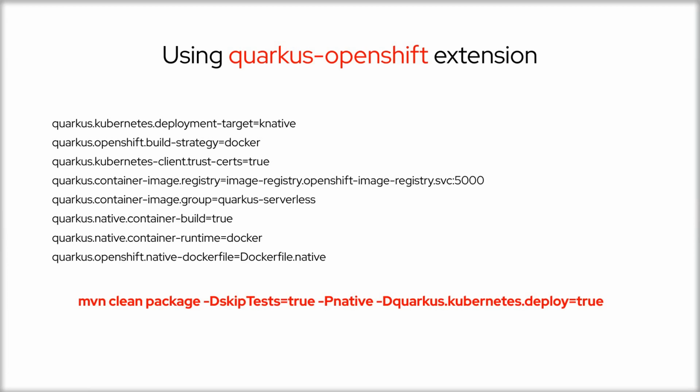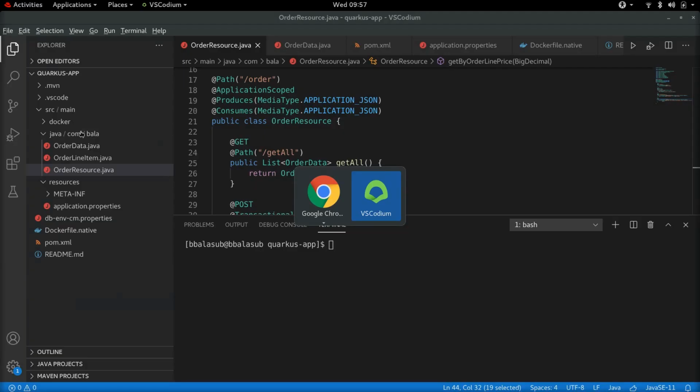Now, with all of these properties set, triggering a Maven clean package with -Pnative and -Dquarkus.kubernetes.deploy=true will result in the creation of the native executable and ultimately the deployment of the application as a serverless service into the OpenShift cluster. So with that, let's take a quick look at the Quarkus OpenShift extension in action.